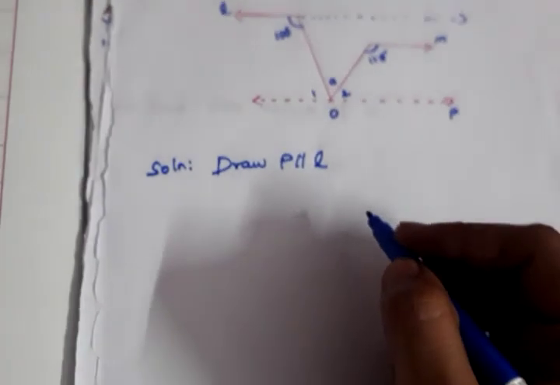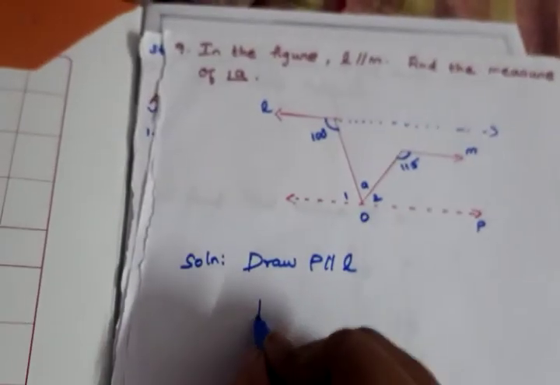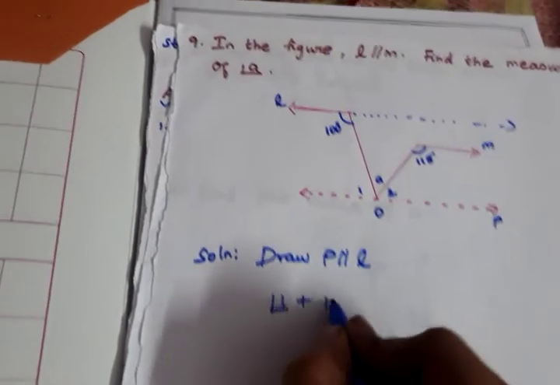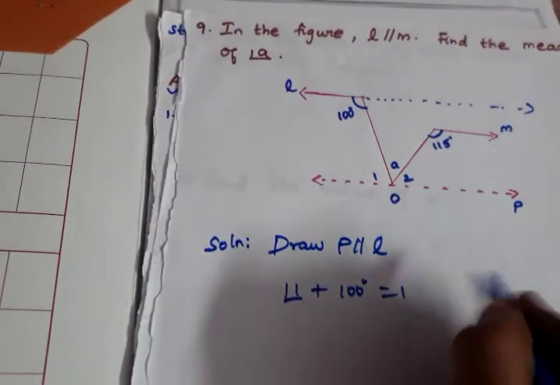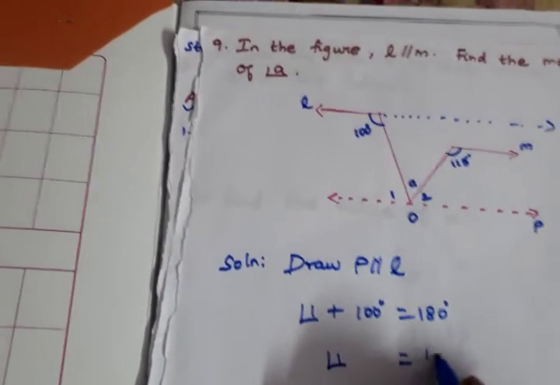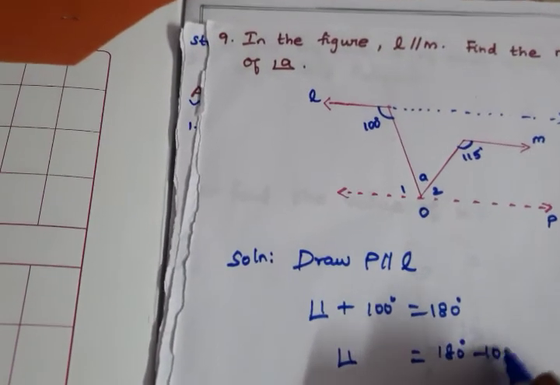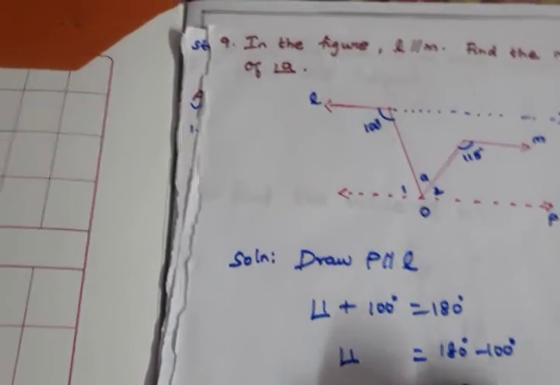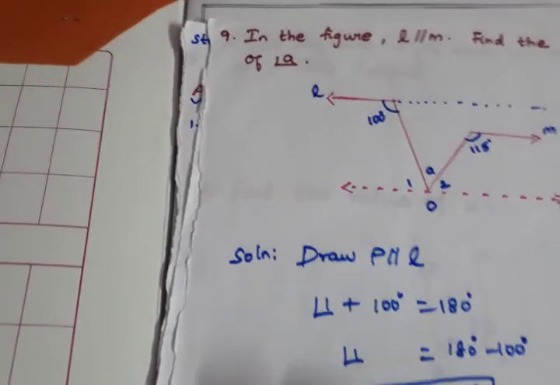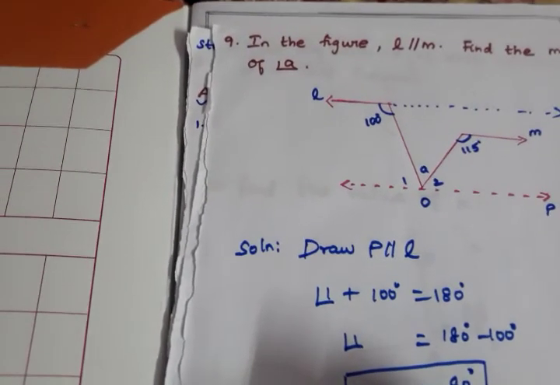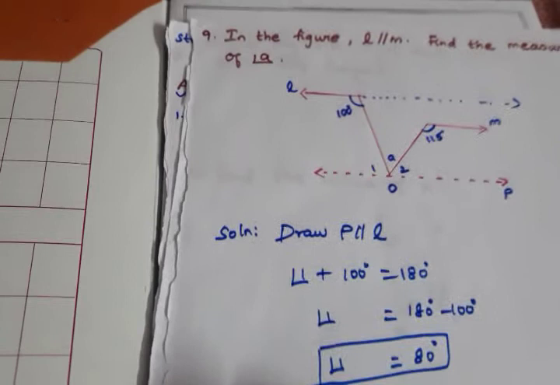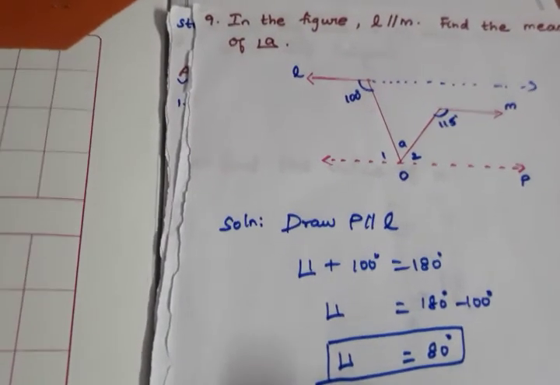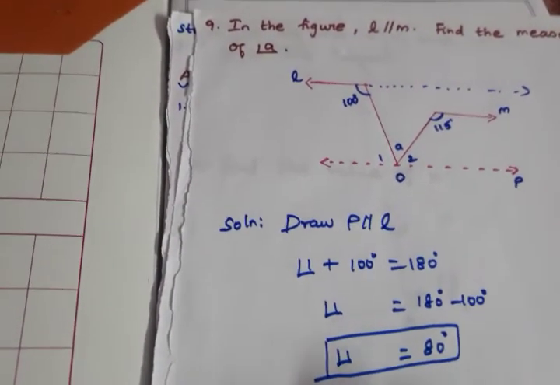Next, angle 1 plus 100 degrees equals 180 degrees. Angle 1 is this side. So angle 1 equals 180 degrees minus 100 degrees, which is 80 degrees. Then angle 2 plus 115 degrees equals 180 degrees.